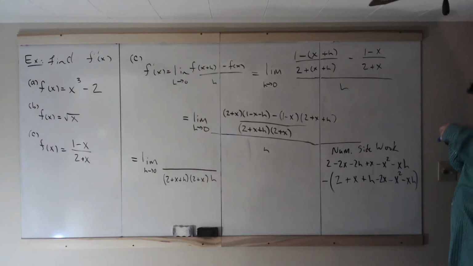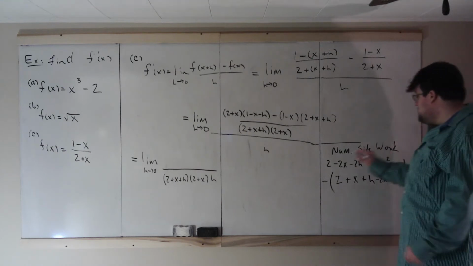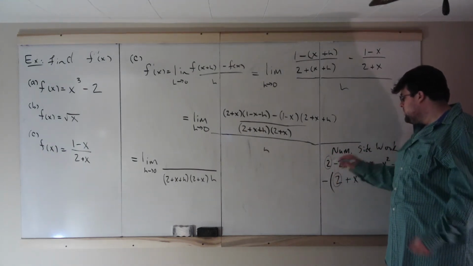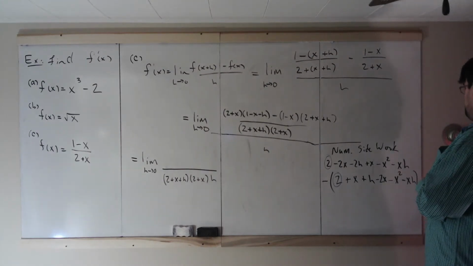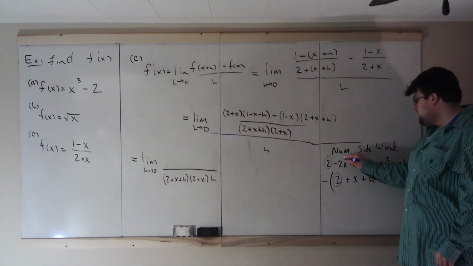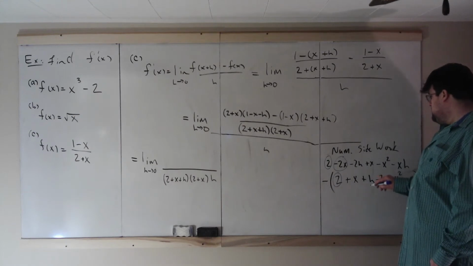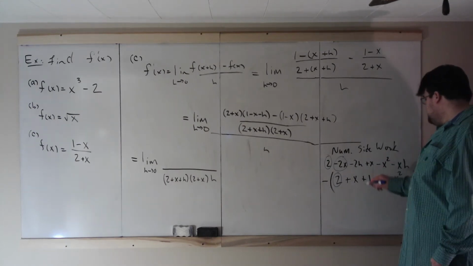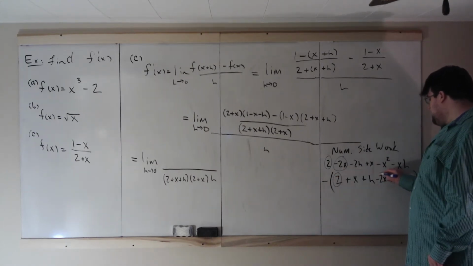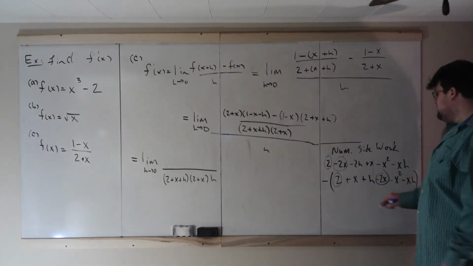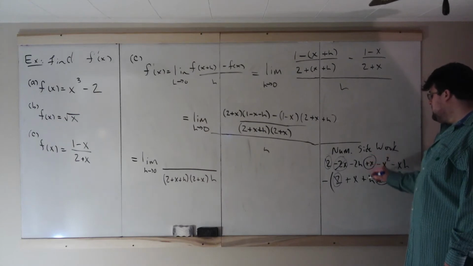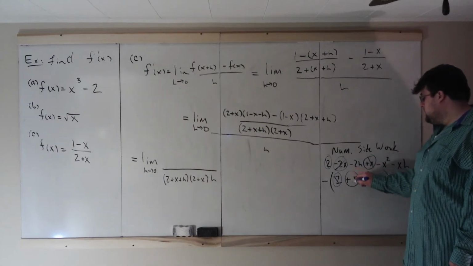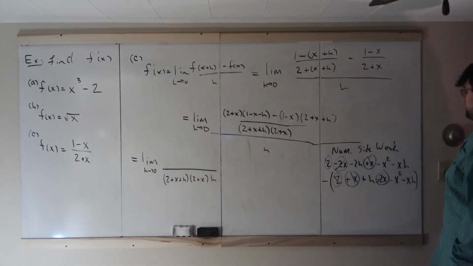Well, let's look at what cancels. 2, negative 2, cancel. Negative 2x, positive 2x, cancel. Positive x, negative x, cancel. What else cancels?